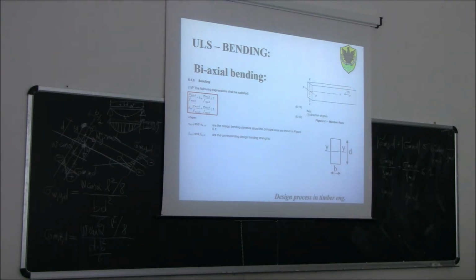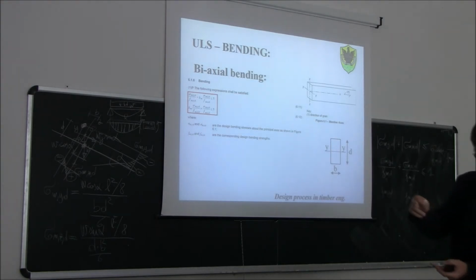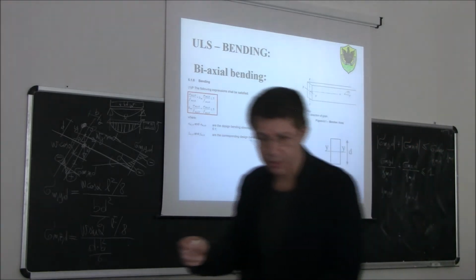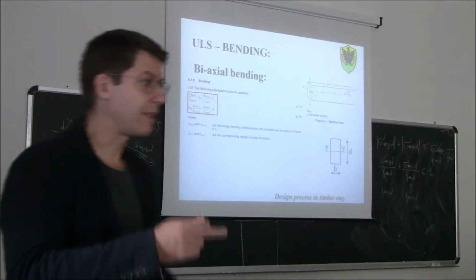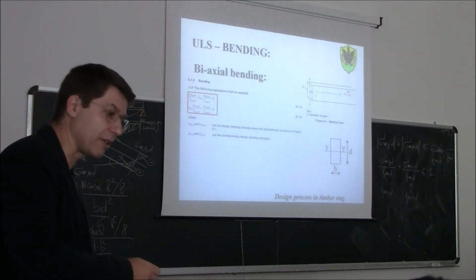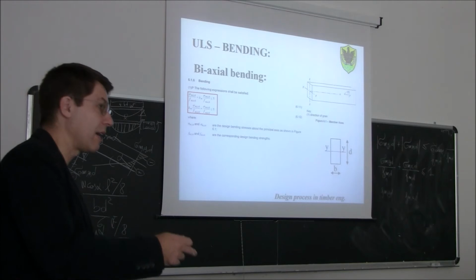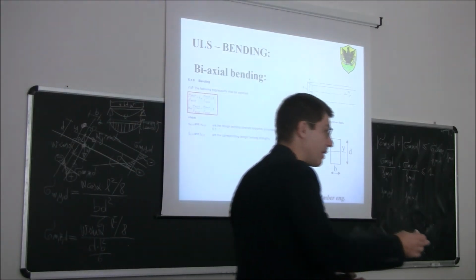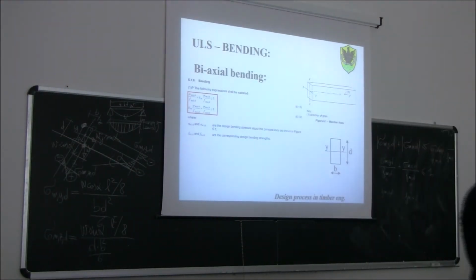Why could it be different? It could be different because the size effect, k h, may be different in the two directions. Because the size effect refers to the depth. So if the depth is less than 150 millimeter in the case of solid wood, then k h should be larger than 1.